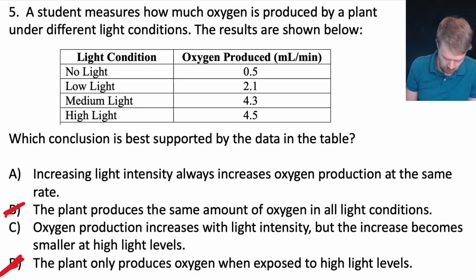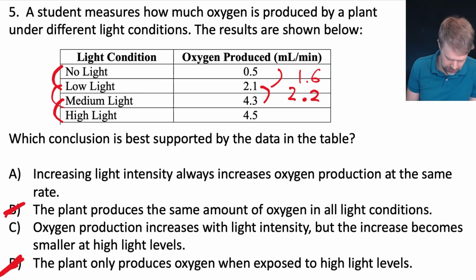Okay, here we go. When we go from no light to low light, we go from 0.5 to 2.1. Now that is a 1.6 change. When we then increase from low light to medium light, we go from 2.1 to 4.3, and that is a 2.2 change.